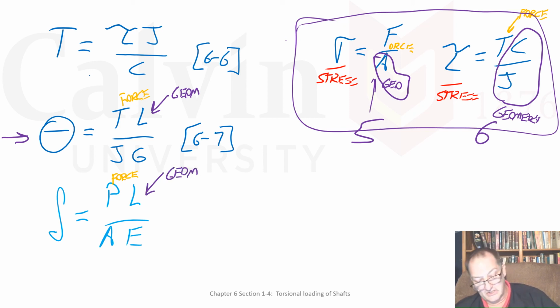I think that's interesting. J and area, again, geometry. And then I've got my material property. This is the stiffness. Going with red, this is my material.